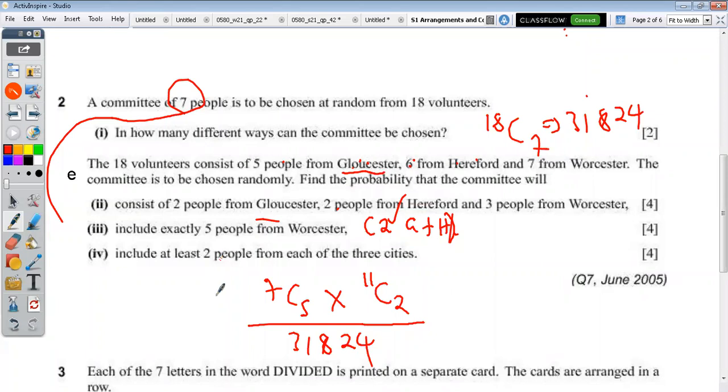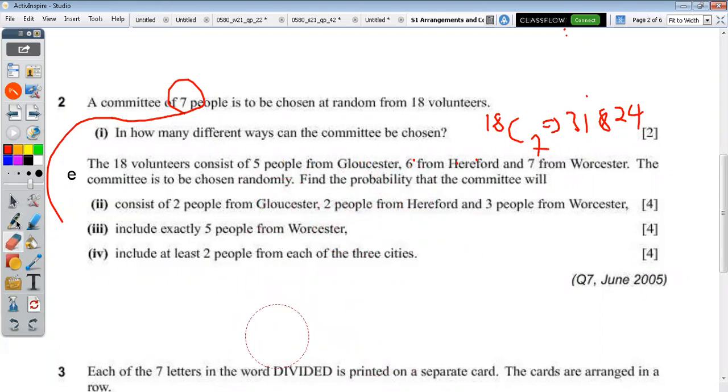Now the last one, which is the easiest, or maybe can be tricky, not difficult. How many cities do we have again? 3 cities, sir. I'll use letters G, H, W. So I have 5 people from this city, 6 people from this city, 7 people from this city.